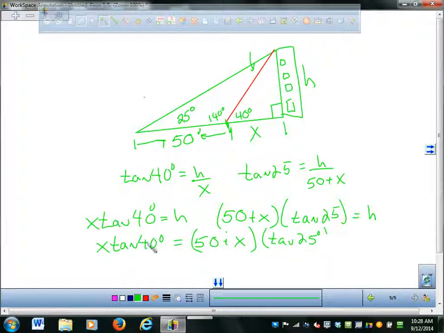And then this problem becomes a little bit messy because you have to distribute through this, and you get x tan 40, and then you distribute this through, and you get 50 tan 25, which comes out to be a number, is equal to x tan 25, which comes out to be another decimal number. And then you get all your x's together and stuff, and then you solve for x. Could you finish the rest of the problem? Just don't forget that you got to distribute this through.